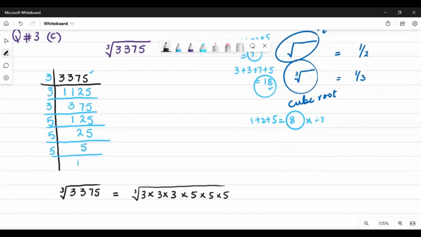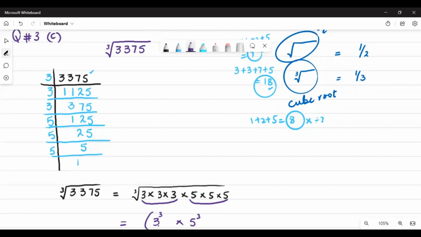When we did the square root, I told you that you have to make a pair of 2 values. But here, as we want the cube root, there must be 3 values, because the cube root value is 1 by 3, so we can cancel them easily. Clear? It is 3 raised to power 3, and this is 5 raised to power 3, and outside it's a cube root sign.